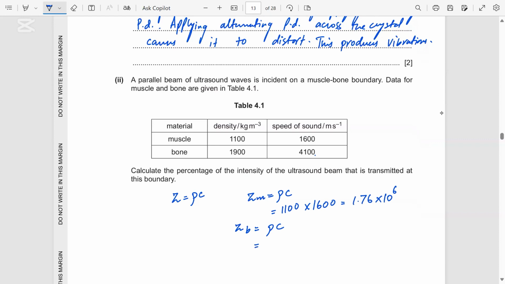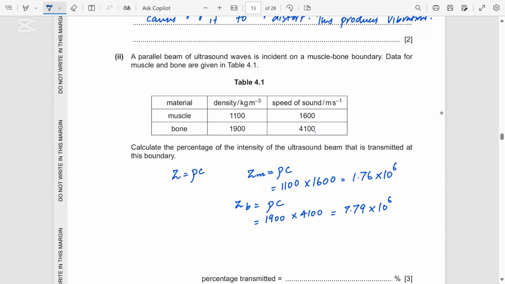And for the bone, we have again 1900 times 4100, and that is going to be 7.79 into 10 raised to the power 6. So once we have this, you can find the intensity reflection coefficient alpha as I over I naught.